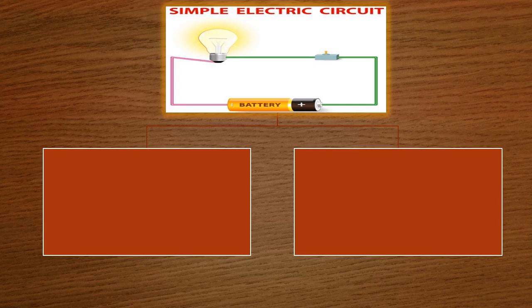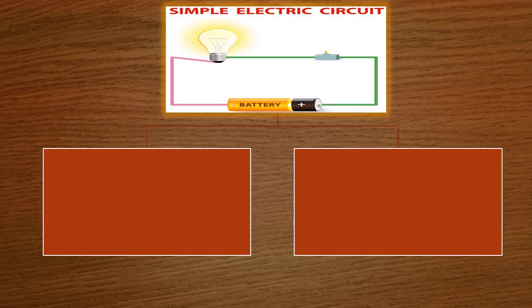Actually, when you connect an electronic device with a battery through an electric conducting wire, it is a simple electric circuit. It means the simple pathway of electricity flow is called an electric circuit.